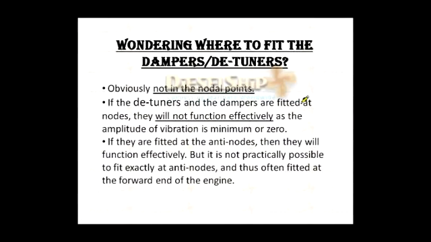The main reason is that if you fit the detuner or a damper on a node, it will not be effective, or it will not dampen the vibration properly. So the detuners and dampers are fitted at antinodes so that they can dampen the vibrations effectively.